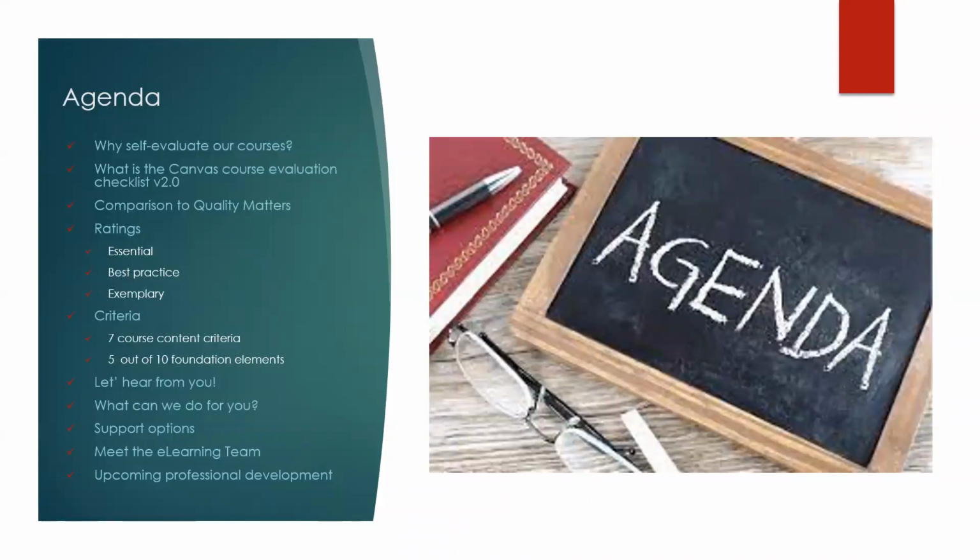Then we're going to go into the rating system for the Canvas checklist and the 7 criteria that they have set up for this first part, which again is your course information. Then I'm going to give you an opportunity to share your thoughts and ideas, and then we'll just go over some housekeeping items.